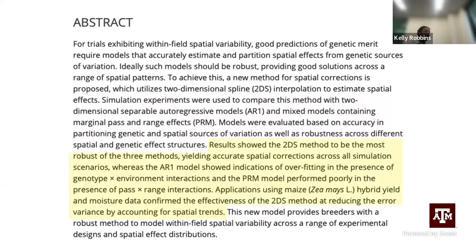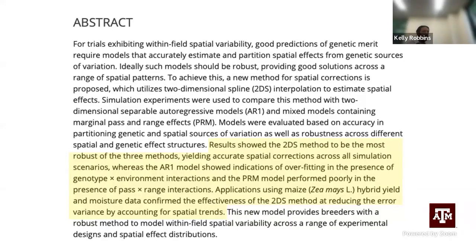All right, and then finally, results showed the two-dimensional spline method to be the most robust of the 3 methods, yielding accurate spatial corrections across all simulation scenarios, whereas the autoregressive model showed indications of overfitting in the presence of genotype by environment interactions. And the pass range model performed poorly in the presence of pass by range interactions, which is not surprising because that model doesn't account for them.